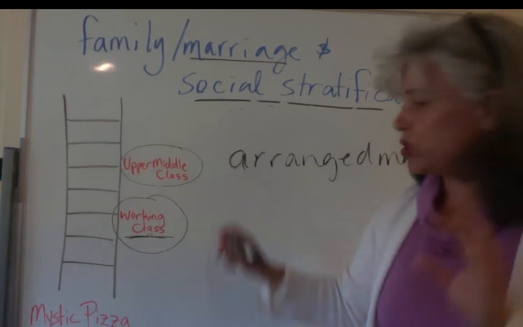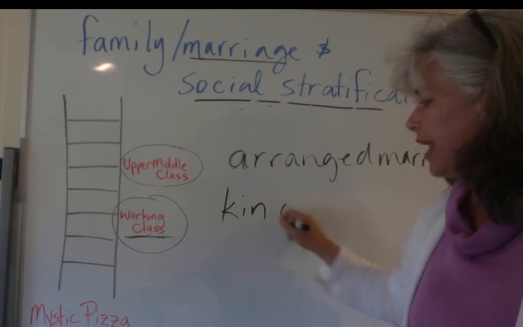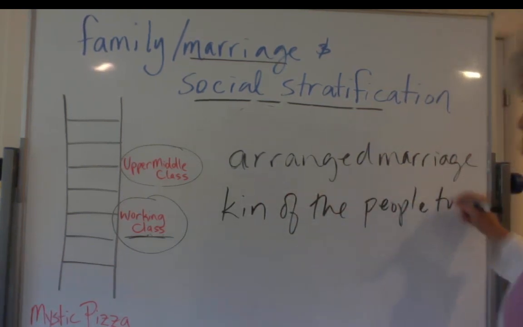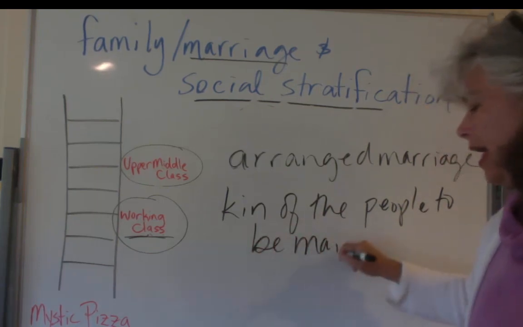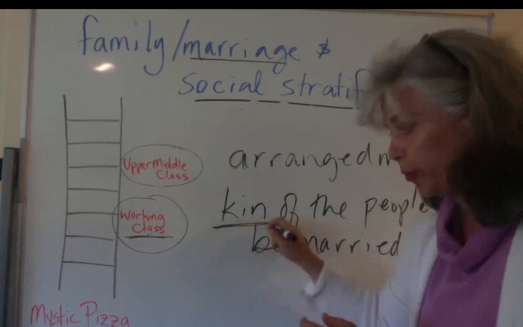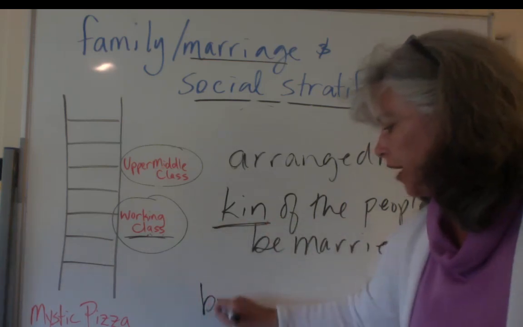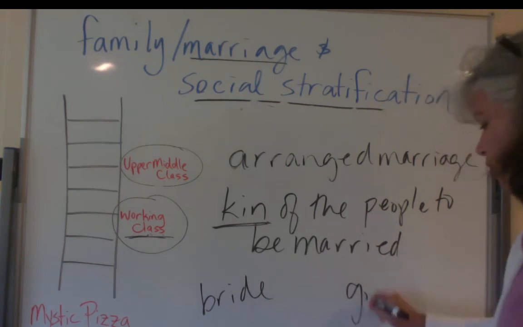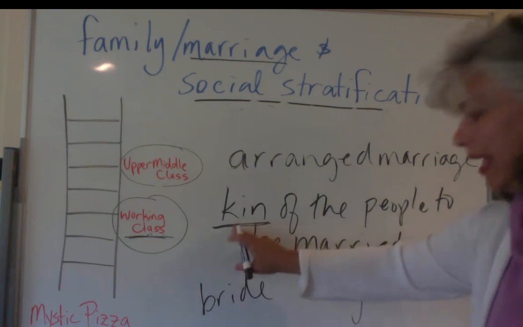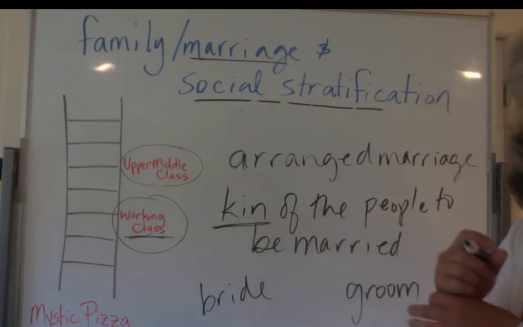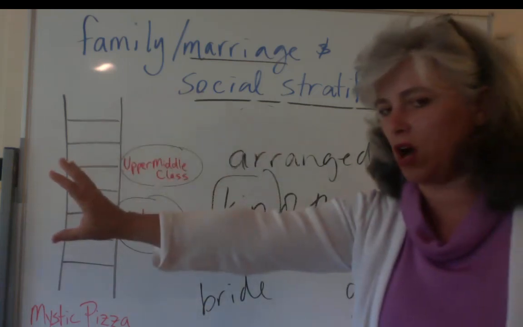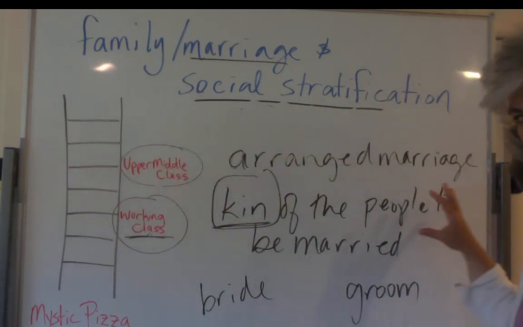In an arranged marriage, the kin of the people to be married decide who from their kinship group. So if we've got the bride over here and we've got the groom over here, the kin in the groom's family and the kin in the bride's family get together and they choose each other based on what this kinship group has to offer and what this kinship group has to offer.